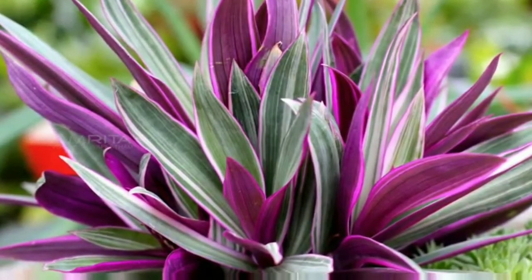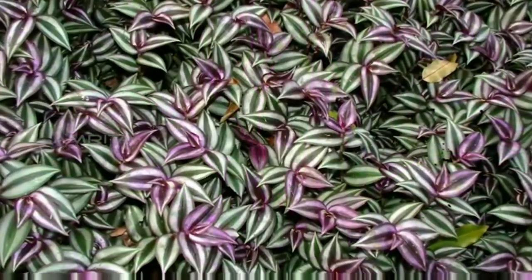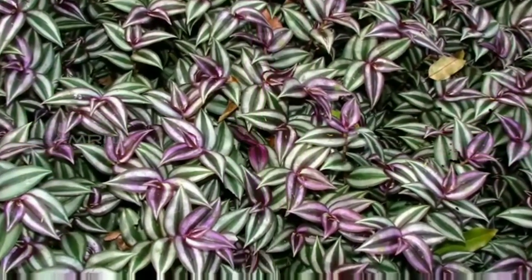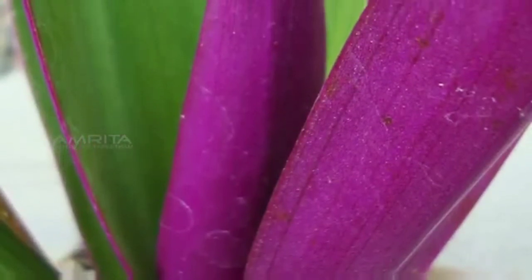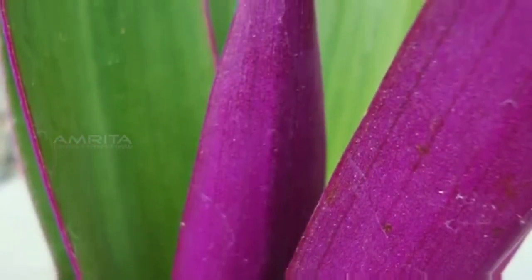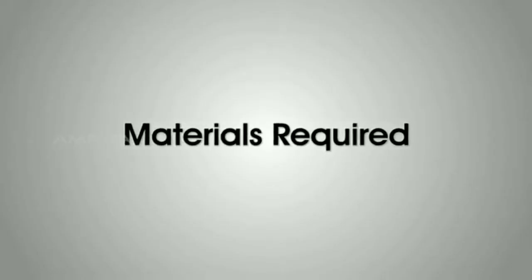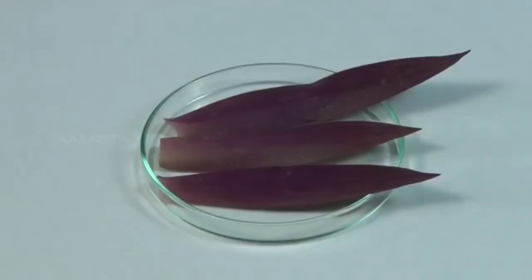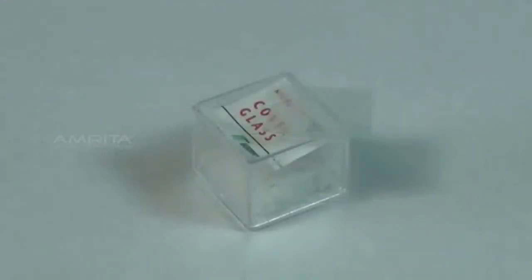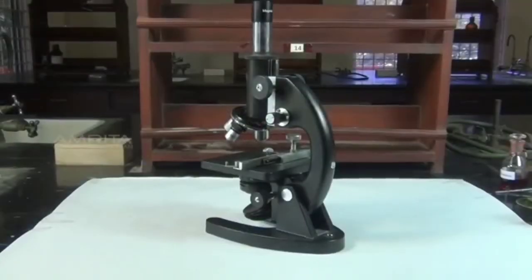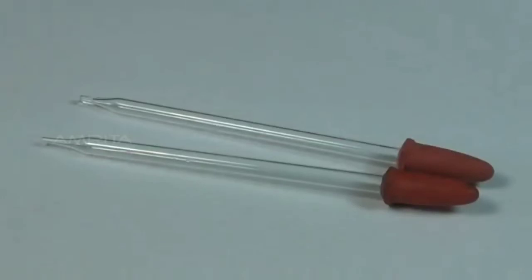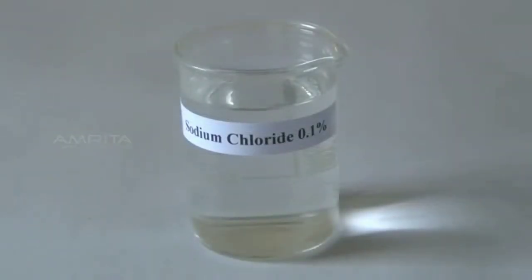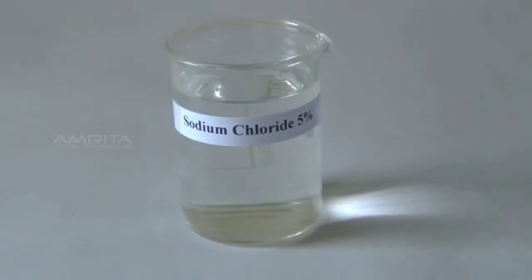Normally for this activity, Rhoeo plant epidermal cells are preferred as the colored cells are clearly seen under the microscope. Materials required: Rhoeo leaf, forceps, glass slides, cover slip, compound microscope, needle, droppers, sodium chloride 0.1%, sodium chloride 5%.